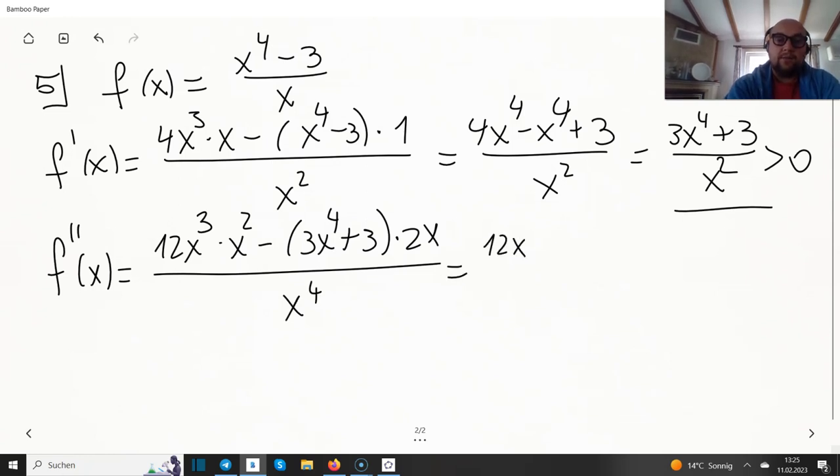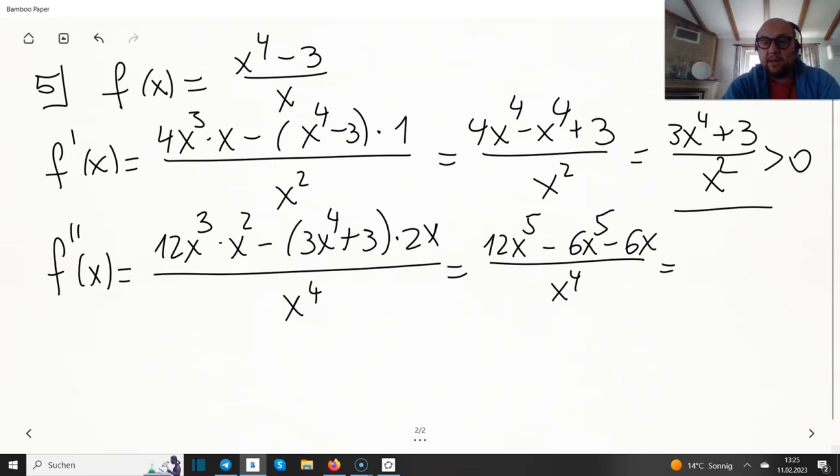We're going to get 12x to the power of 5 minus 6x to the power of 5 minus 6x divided over x to the power of 4. I cannot simplify the denominator any further, but I can simplify the numerator, which is 6x to the power of 5 minus 6x divided by x to the power of 4.